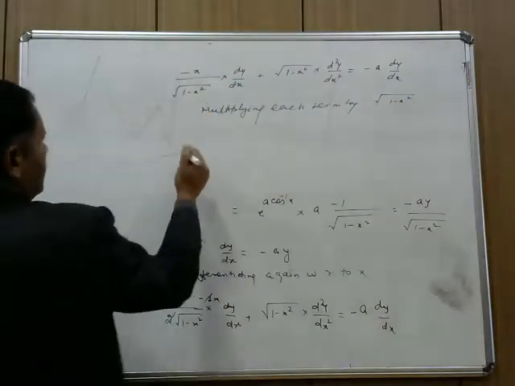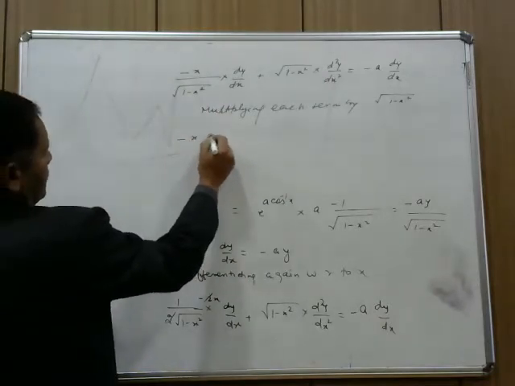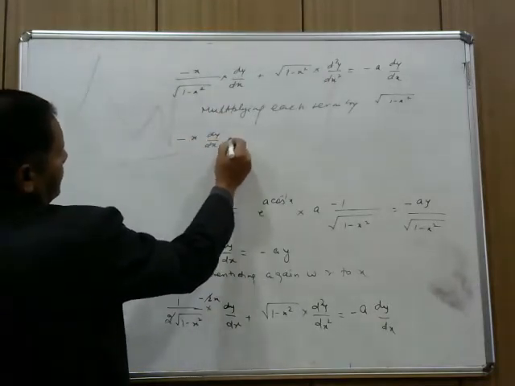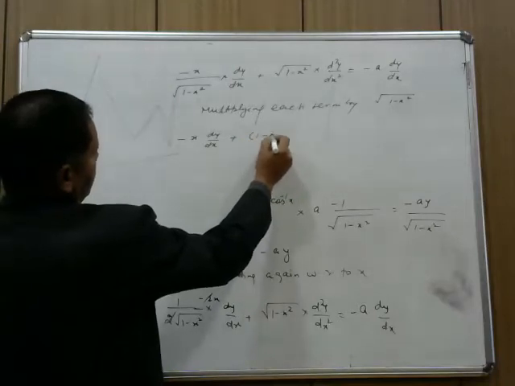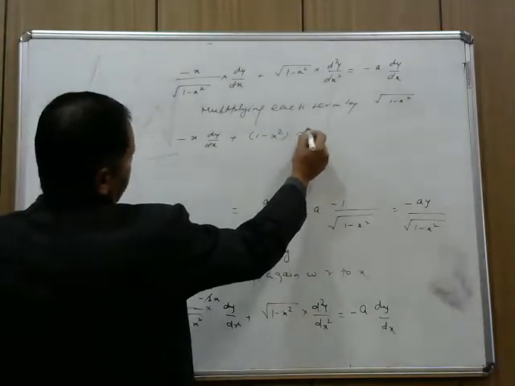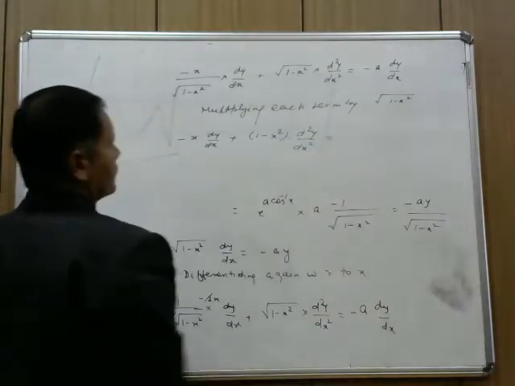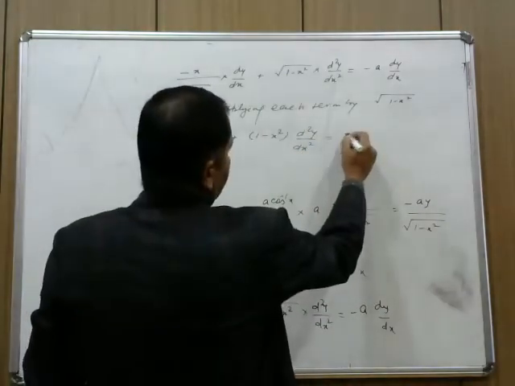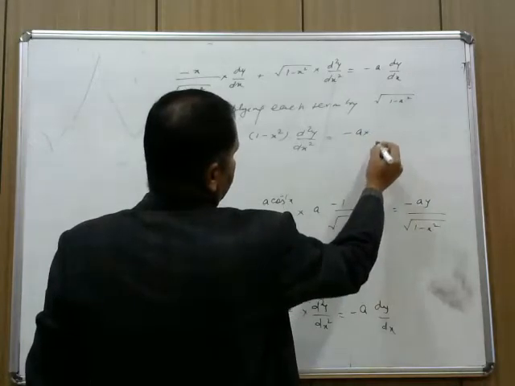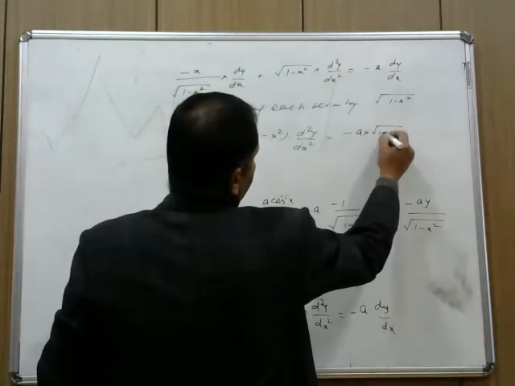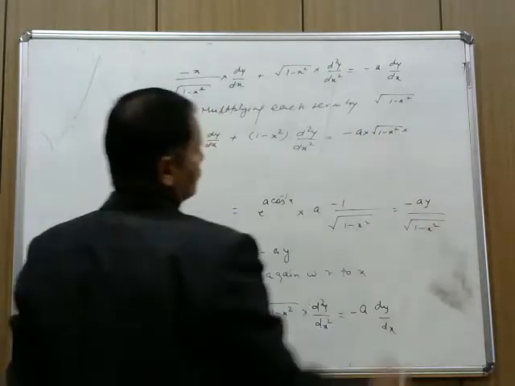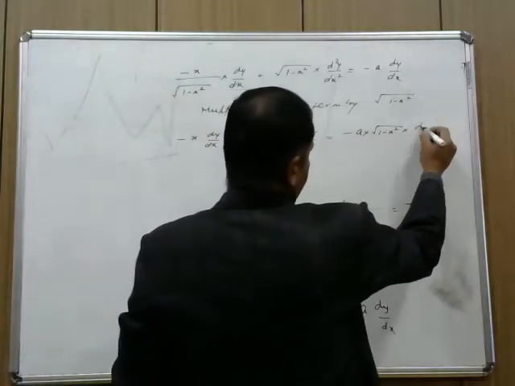What will we get here? Minus x into dy/dx plus (1−x²) into d²y/dx² is equal to minus a into √(1−x²) into dy/dx.